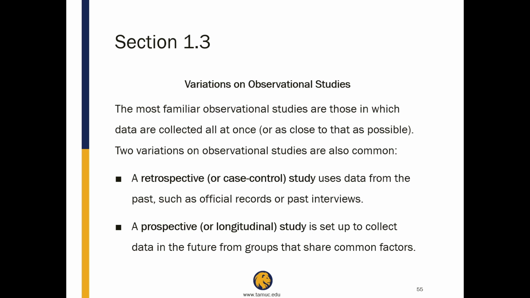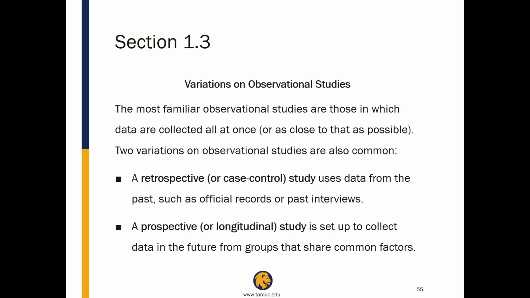A retrospective study uses data from the past, such as official records or past interviews. They don't actually go out and get any new data. They're just collecting past data and doing some statistics on that. Whereas a prospective study is set up to collect data in the future from groups that share common factors. So they set it up and then they want to continue to collect data for many years into the future to see what happens over a long period of time. That would be a prospective study.